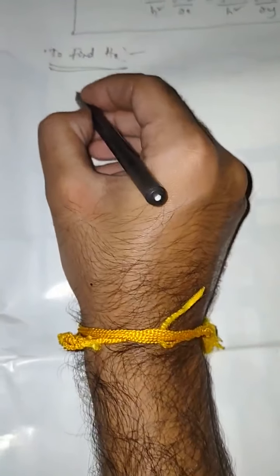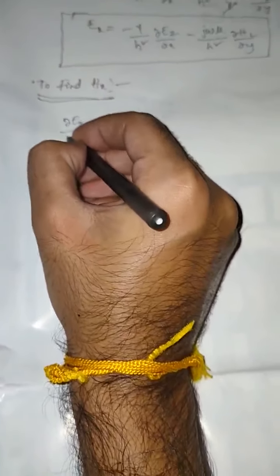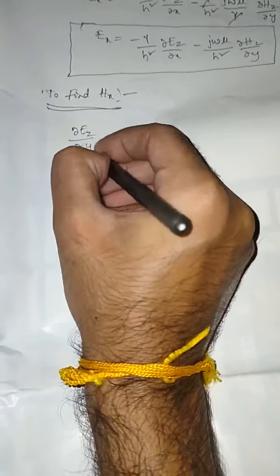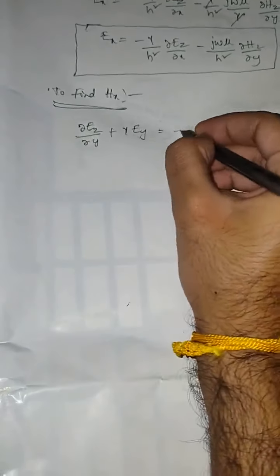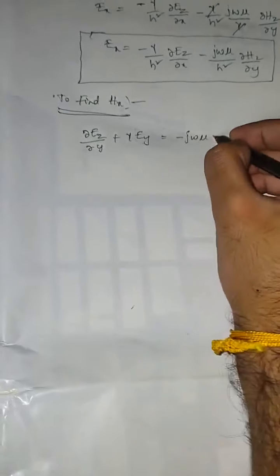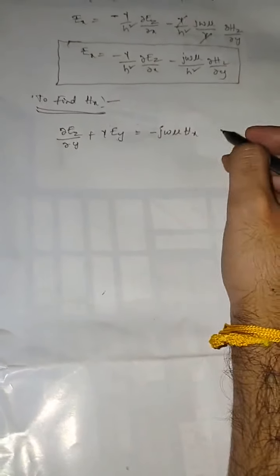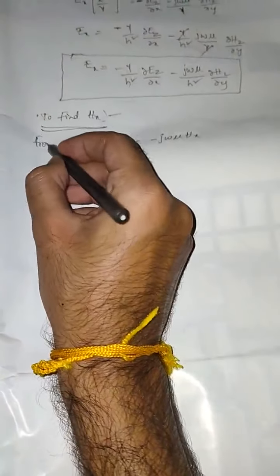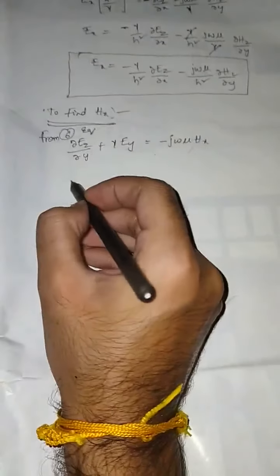Okay, so now I am noting down the sixth equation, which is nothing but dou Ez by dou y plus gamma ey, which is equal to minus j omega mu hx. So this is from the sixth equation. By taking this sixth equation you can find the ey value.